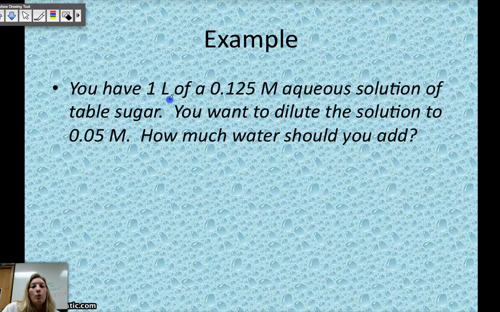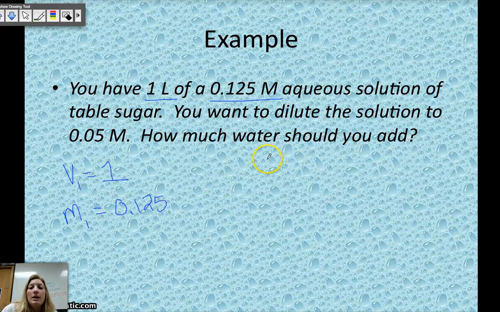In this one, we have 1 liter of a 0.25 molar solution. So that tells us that our first volume is 1, and our first molarity, before we change it, is 0.125. Now it tells us we want to dilute the solution to 0.05 molar. So how much water should we add? Well, we know that now our second molarity has to be 0.05, so we need to know what our new volume is going to be. Remember that V1 M1 is equal to V2 M2.